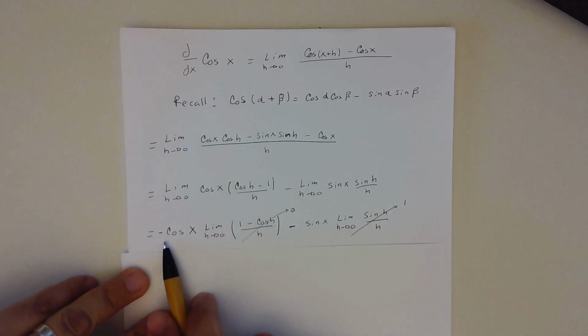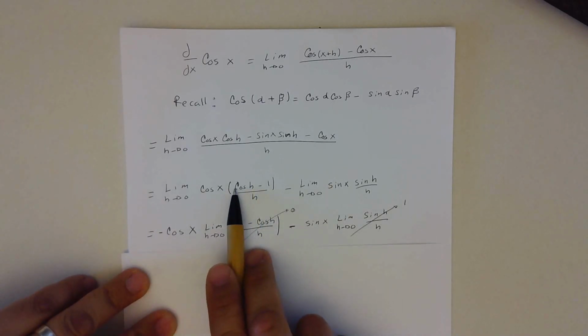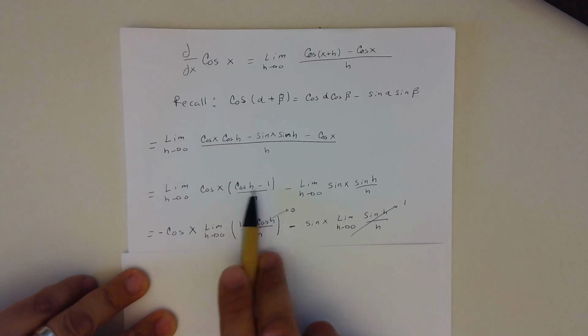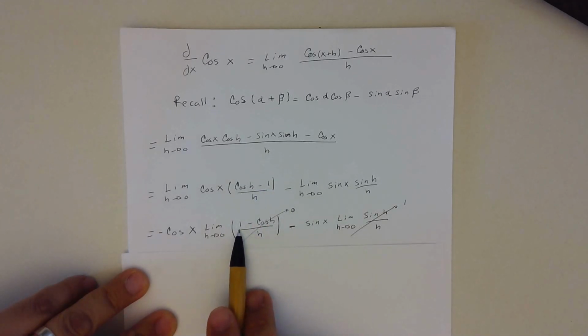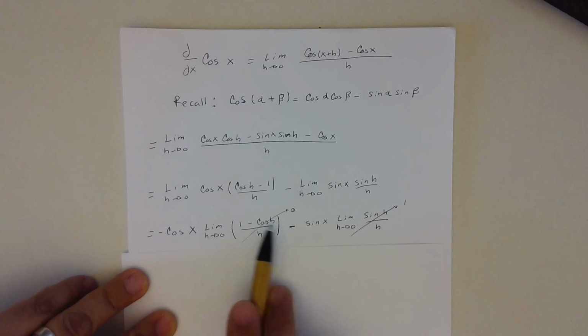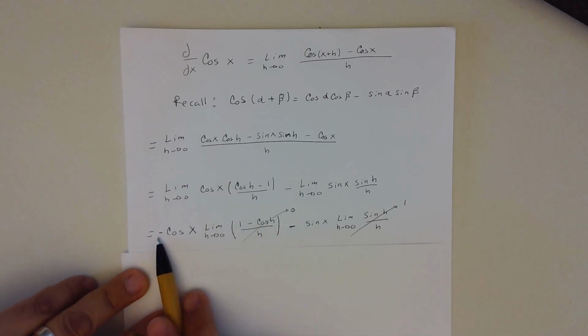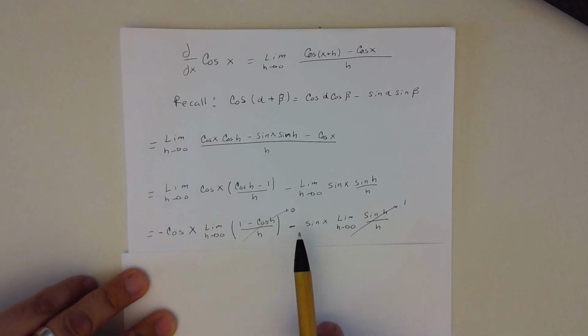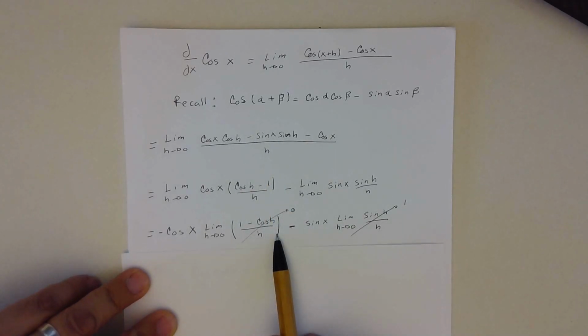So we have minus cosine x. Where is this minus coming from? If we take minus 1 from here, we change the sign internally, and we basically put it in this form, 1 minus this. So we have this minus outside. This minus is coming from here. And this limit is a standard limit.